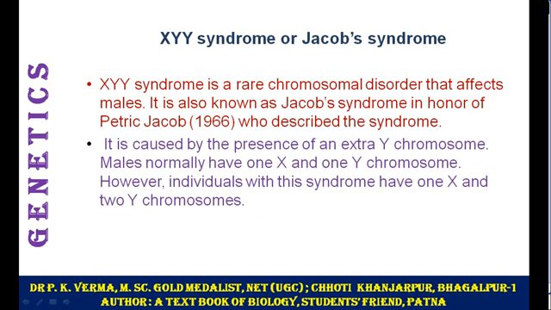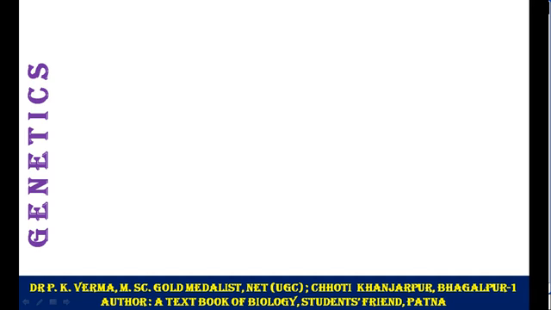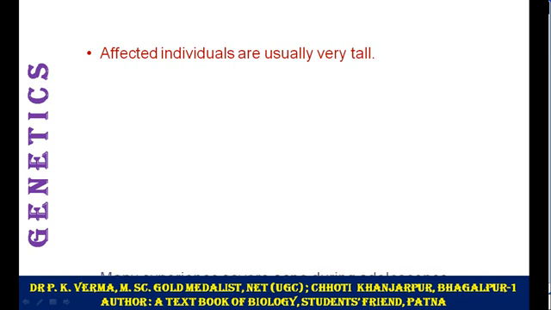It is caused by presence of an extra Y chromosome in males. The males are normal, but individuals with this syndrome have one X and two Y chromosomes, and it is said that the affected persons are usually very tall.